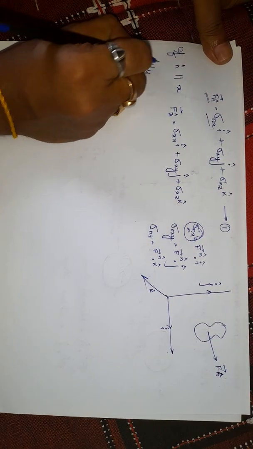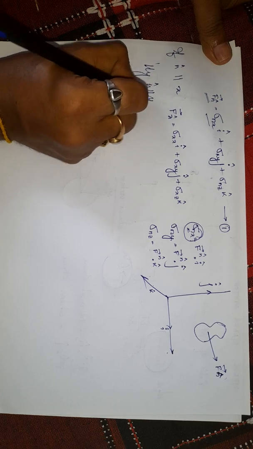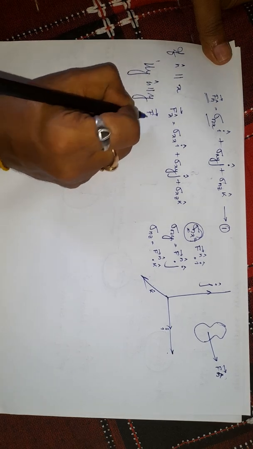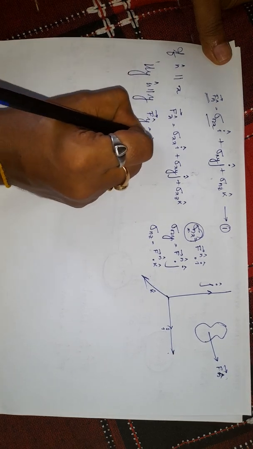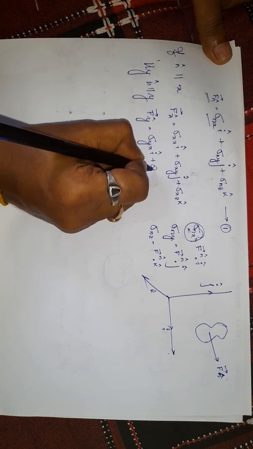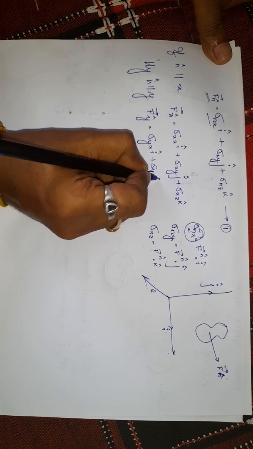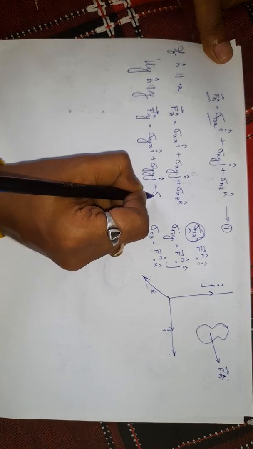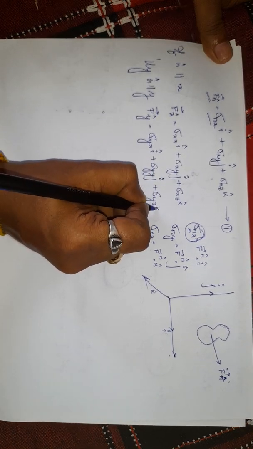Similarly, if your n cap is parallel to y-axis, it is also possible to have sigma yx i cap, sigma yy j cap, and sigma yz k cap.